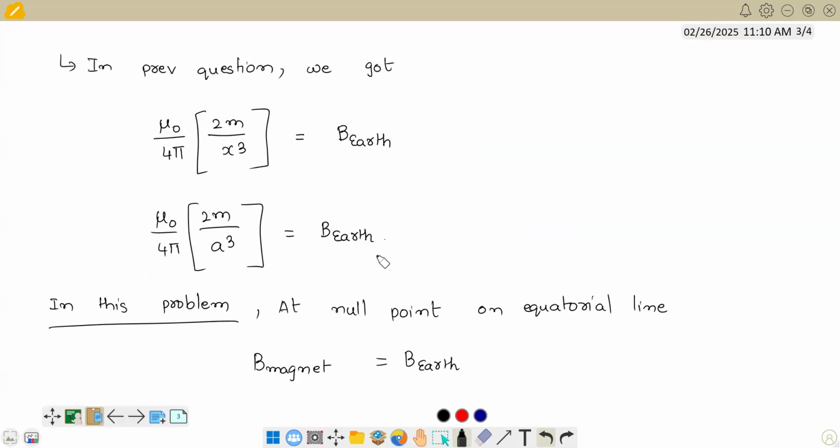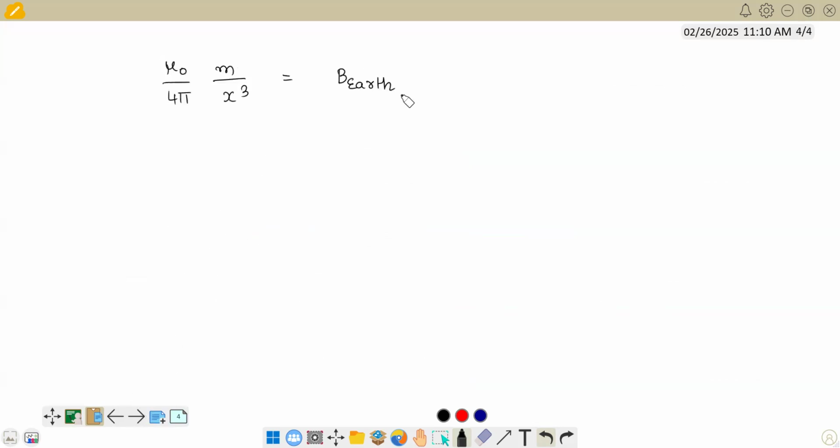And in place of B of earth, can't I substitute mu naught by 4 pi 2m by A cube? So let us substitute that, which is equals to mu naught by 4 pi 2m by A cube. So once we have this, we can cancel mu naught by 4 pi, mu naught by 4 pi, m and m. So we basically get 1 by x cube equals to 2 by A cube.